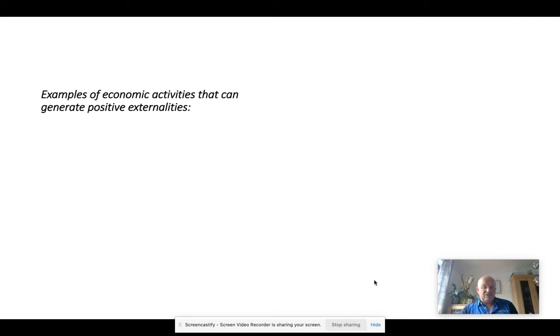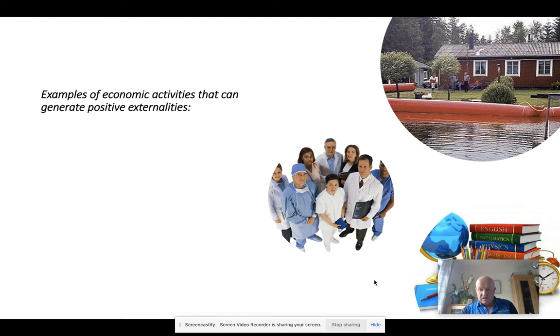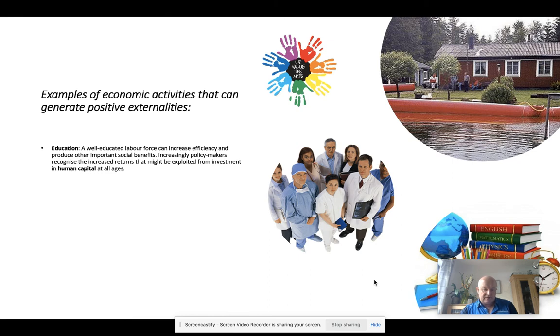Examples of activities that can create and generate positive externalities include healthcare, as we mentioned, library services or education. This is flood control. We've got art. Now, effectively, if we think about education as an example, a well-educated labour force is going to increase efficiency, and that's going to bring important social benefits.